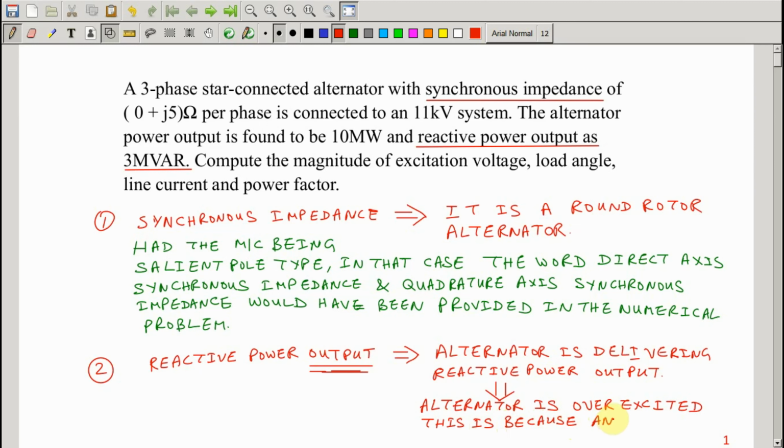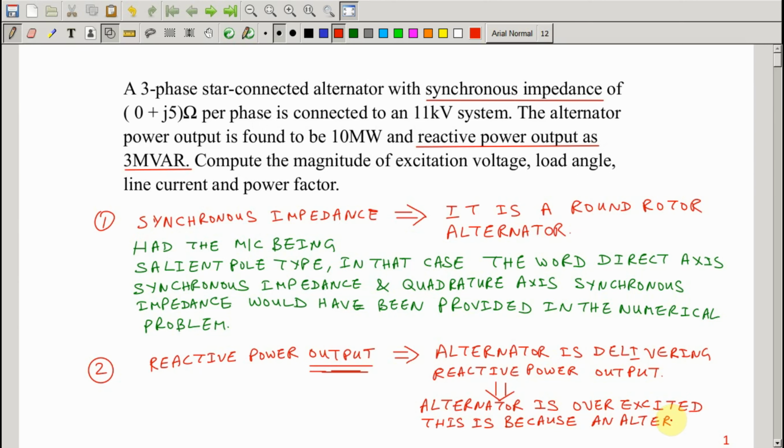An alternator delivers. Now the word alternator can also be replaced by synchronous generator. So synchronous generator and alternator both are synonyms. You can use them synonymously, one for the other. So what I am saying is that the alternator is overexcited.